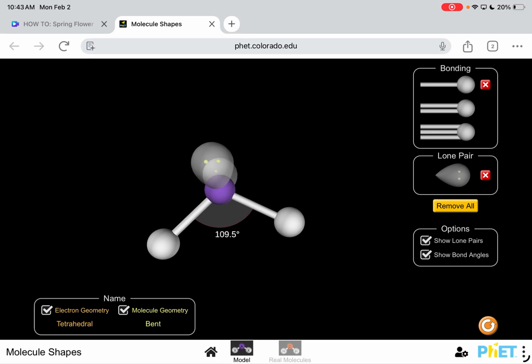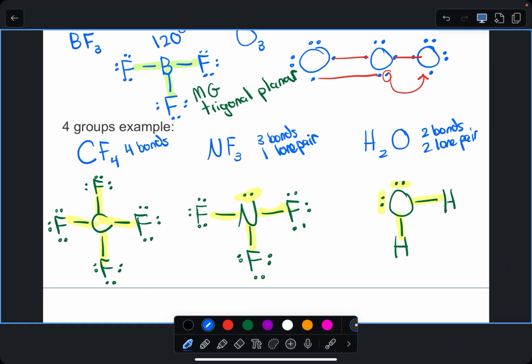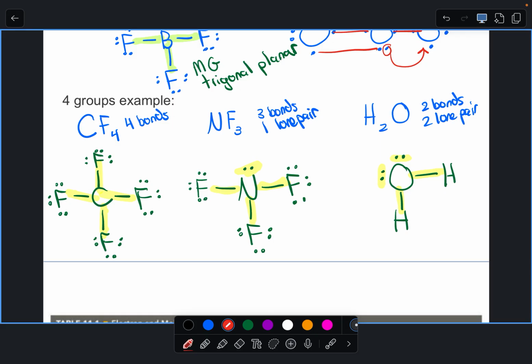It's just a good way to note that it's different than the one that had 1 lone pair. So I'll go back to the notes and put this in. Okay, so the angles here would be 109.5. This would be less than 109.5, and this would be less than 109.5. I promise it does actually matter.